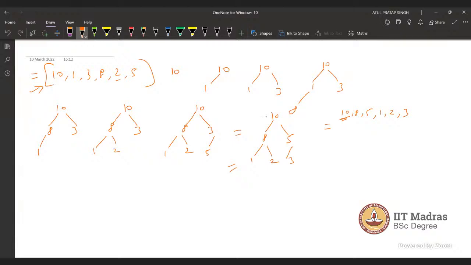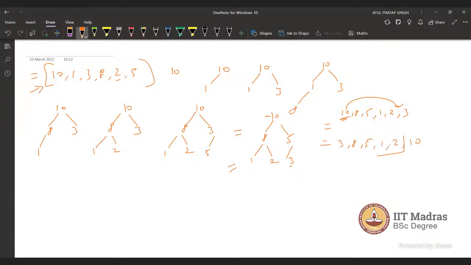So we will swap the values of this 10 and this 3. We swap the first and last position values and reduce the size by 1. By swapping this, the list becomes 3, 8, 5, 1, 2, and 10.